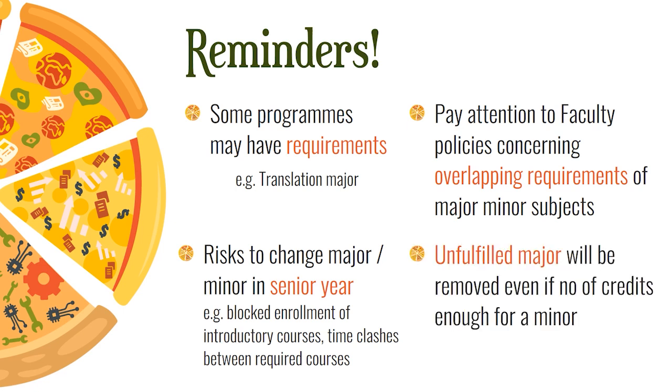And lastly, for the unfulfilled major, it will be removed, even if the number of credits actually is enough to claim for a minor. So that's why I remind you guys, if you want to make the switch from a major to a minor, remember to do the self-declaration before the deadline.